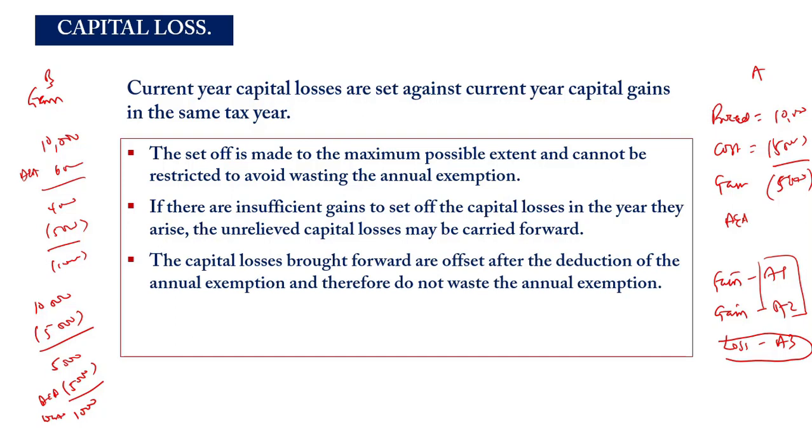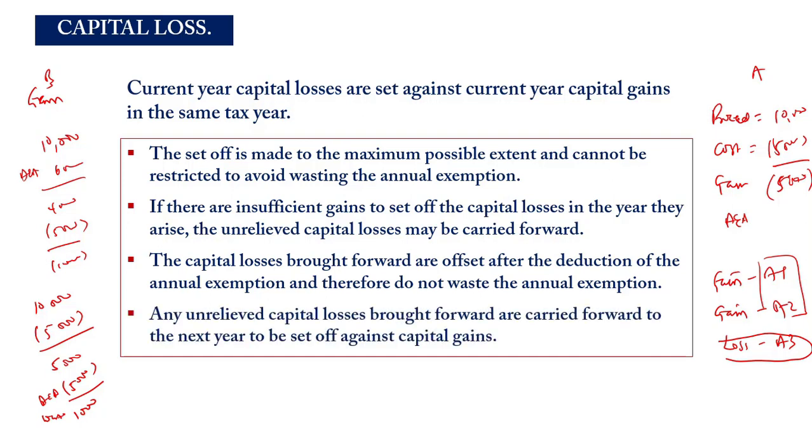Okay, now with this one, you have the option of charging the annual exempt amount first before you bring in the loss, so you don't necessarily waste the annual exempt. Okay, now any unrelieved losses can also go forward, so it can go from year 1 to year 2.